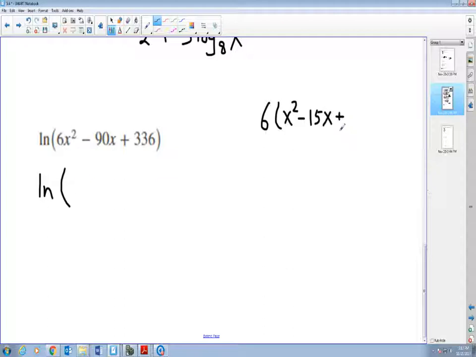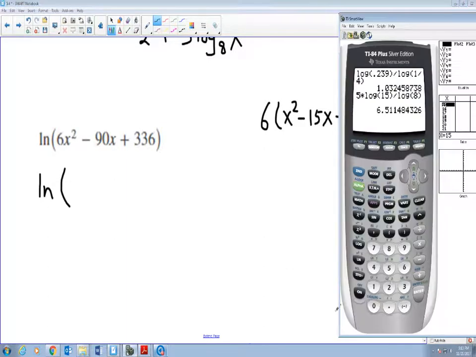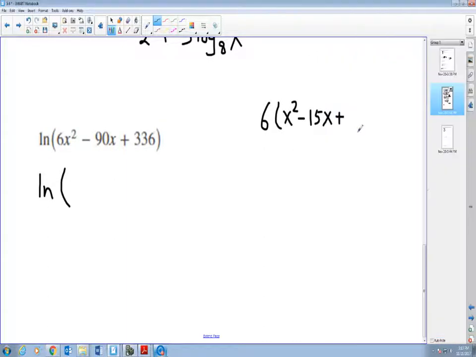plus 6 going to 336, 56 times. Factor this again, that will give me x and x. 7, 8 give me 56.